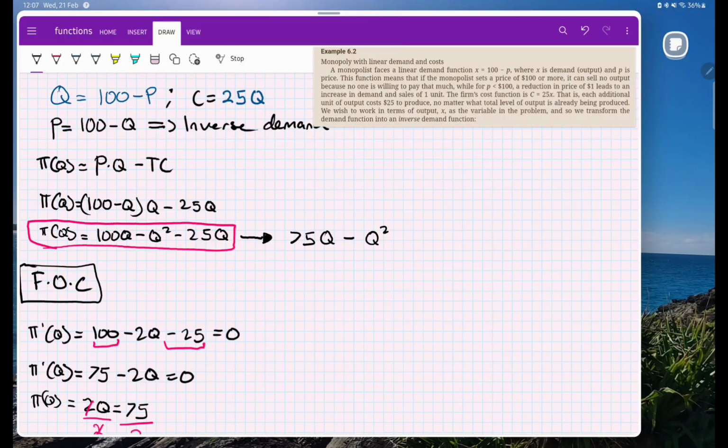But you could also find your profit by using the original profit function. So you have to solve for P, sorry.